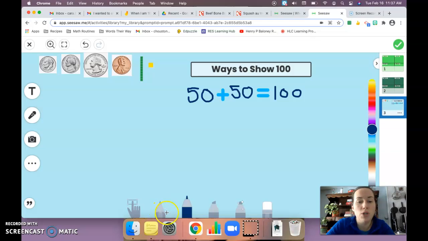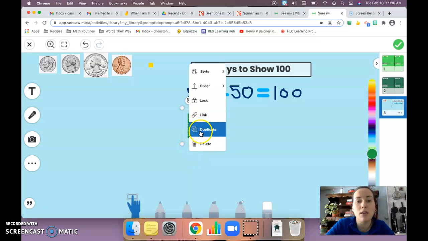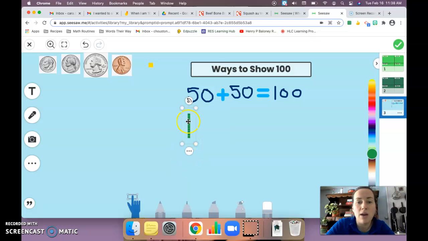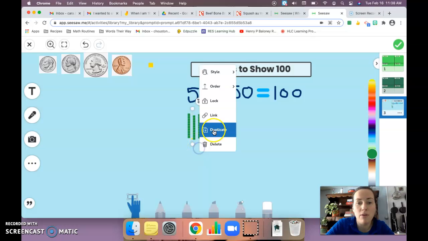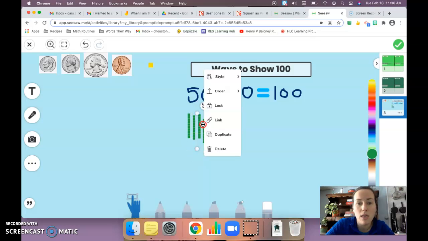You could also show it with your base 10 blocks. If you don't have enough, you can press the 3 dots after you click on the picture and go to duplicate, and it'll make some more. So here I have 40, so I could show 10 tens, right?